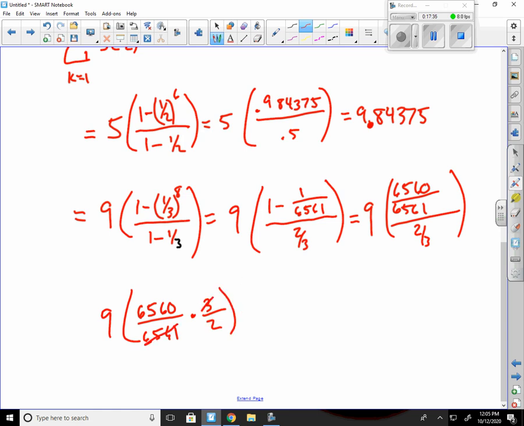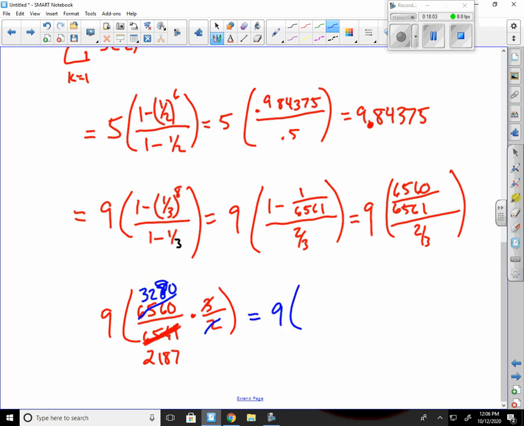6561 can be divided by 3. In other words, these two will cross out. The 6561 becomes 2187. 6560 can be divided by 2, which crosses these two out. This gives me 3280 on top. It's an ugly 8.